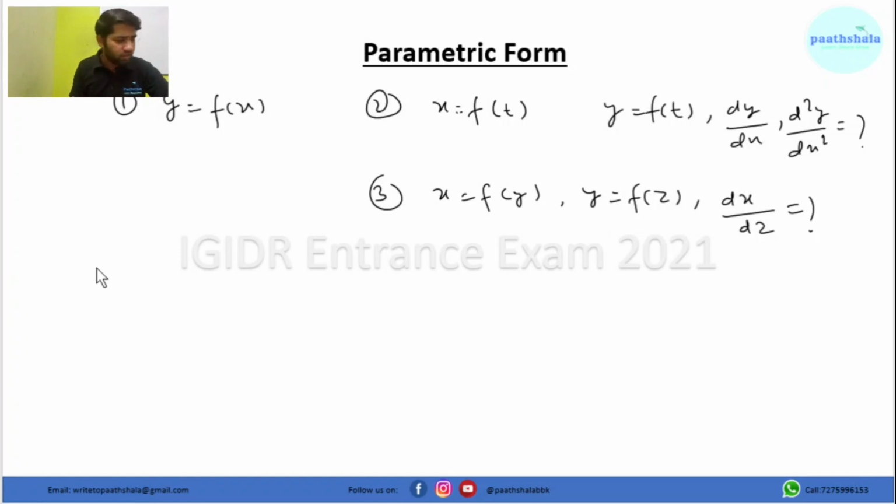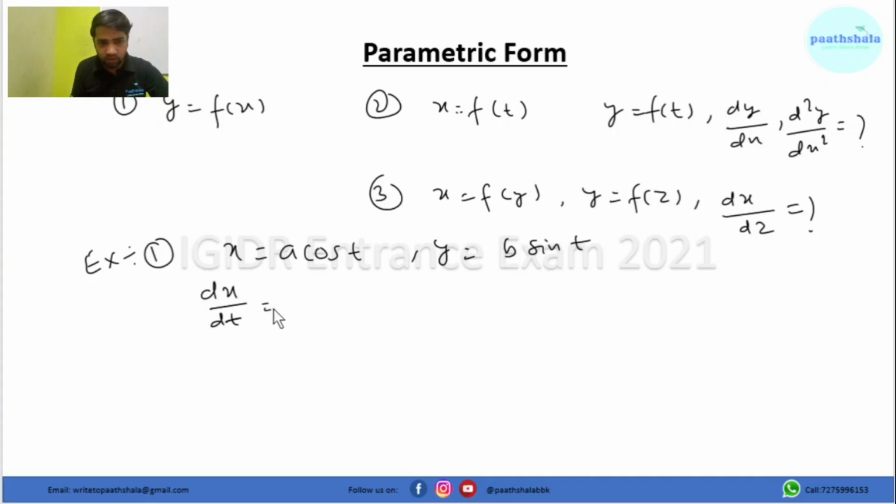Okay. So what I'm going to do here is give you some examples so that you can understand. Let's say the first example is x equals a cos t and y equals b sin t. Let's first differentiate x with respect to t. This will come out to be minus a sin t, because differentiation of cos t is minus sin t. Now let's differentiate y with respect to t. Differentiation of sin t is cos t, so it becomes b cos t.